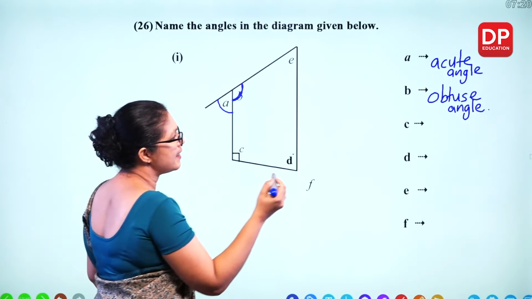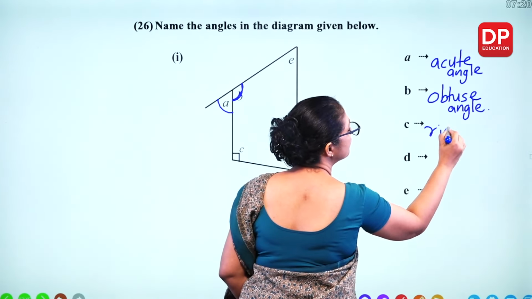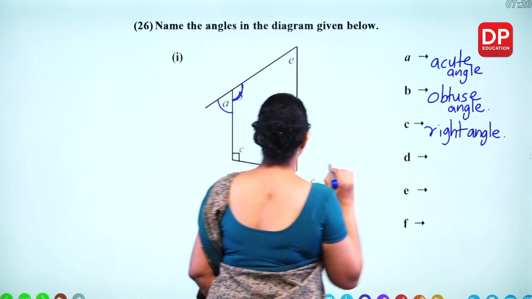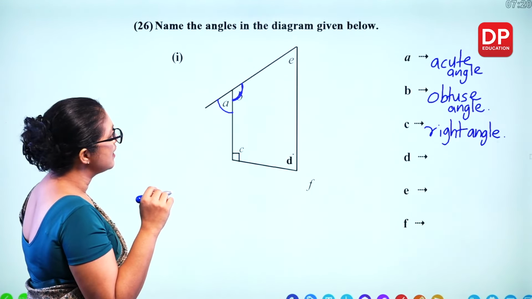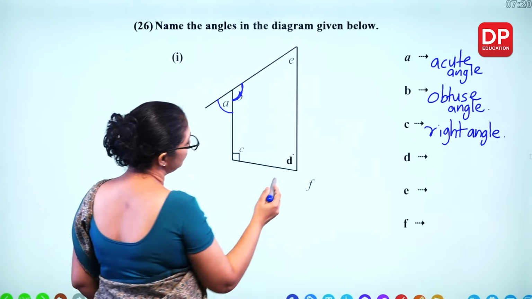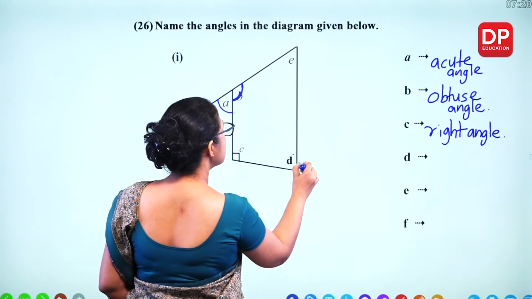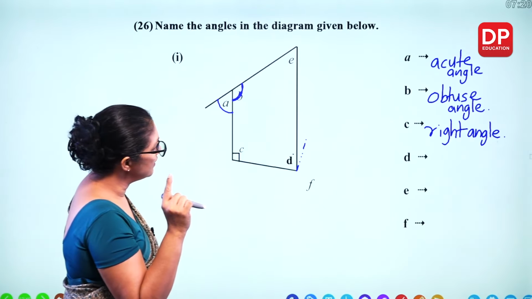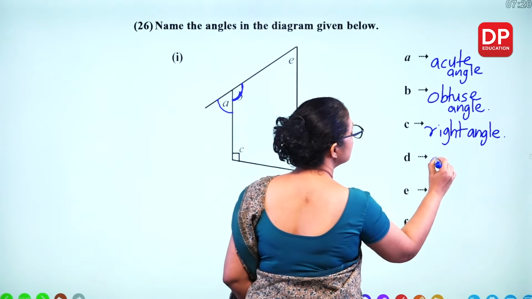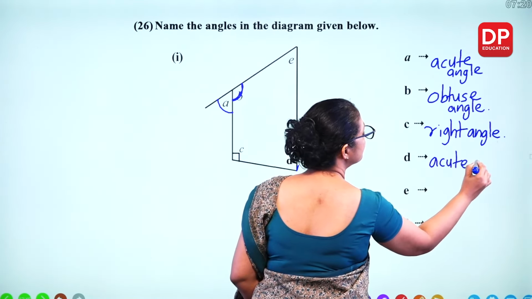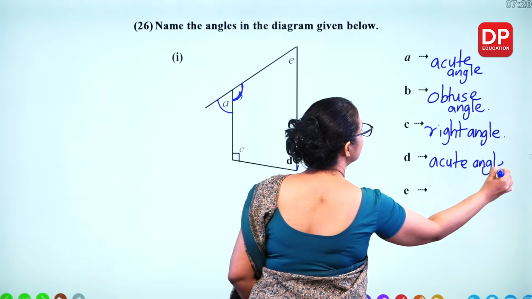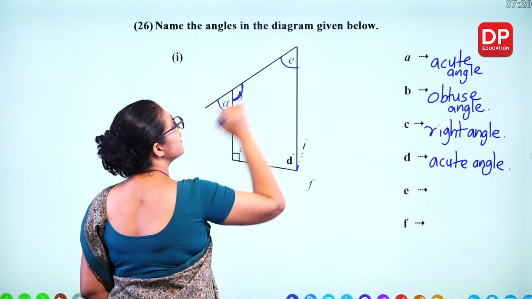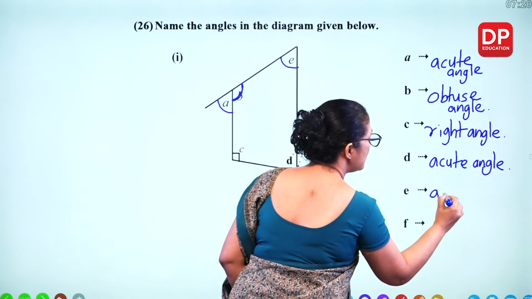That means right angle. D, what's D? So if this is 90, somewhere here. So less than a right angle. That's an acute angle. E, it's also a small angle, less than a right angle, acute.